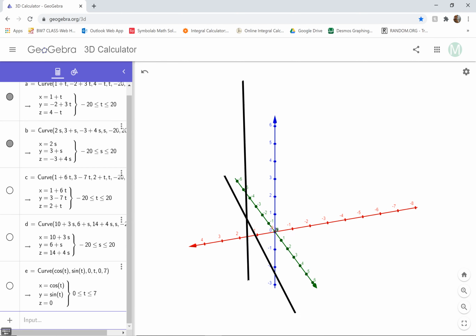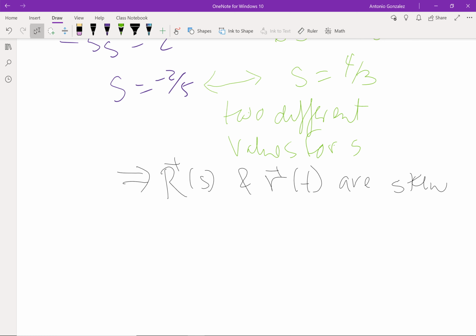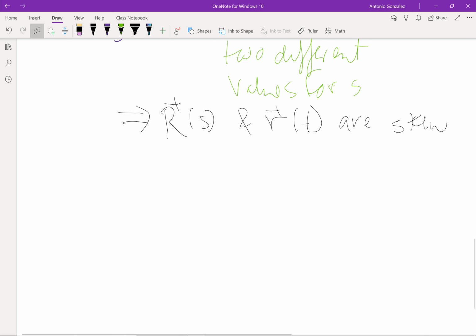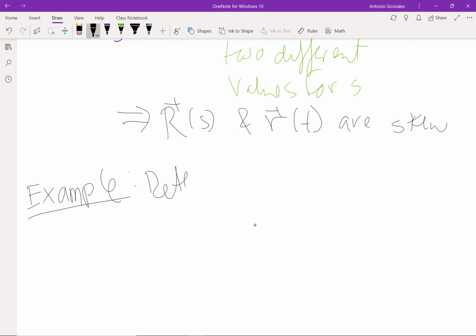Okay, let's do one more here, one where we do come across lines that in fact do intersect. So let's look at this example here. I want to determine if lines are parallel, skew, or intersect.